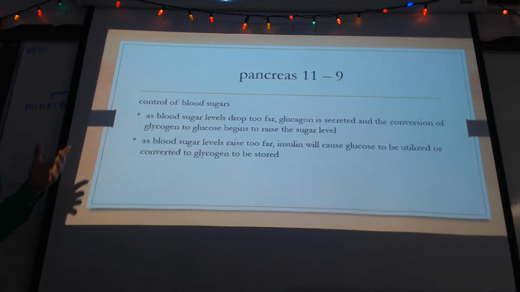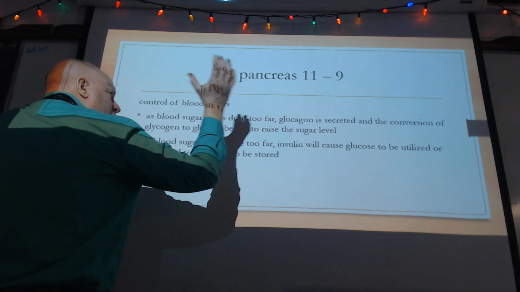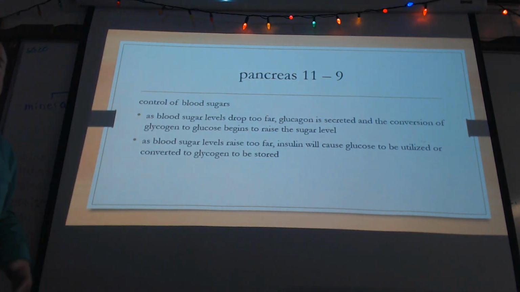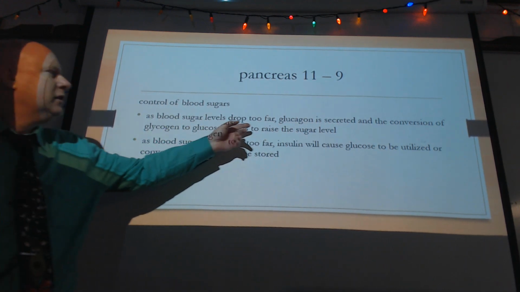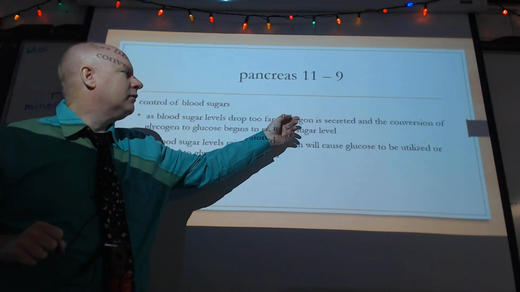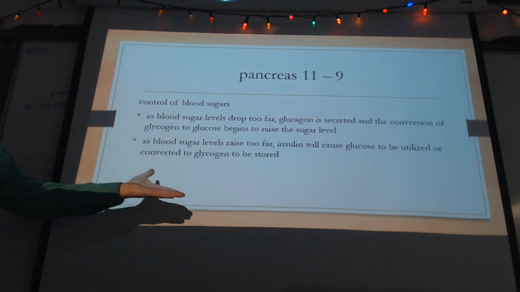So if blood glucose drops too far, the hormone glucagon, which is created by what cells? Beta cells or alpha cells? That's right. How did you know that? It has an A in it. I'm pointing to the wrong letter. So once you start breaking those links, you get more and more glucose into your blood, therefore it starts to rise.